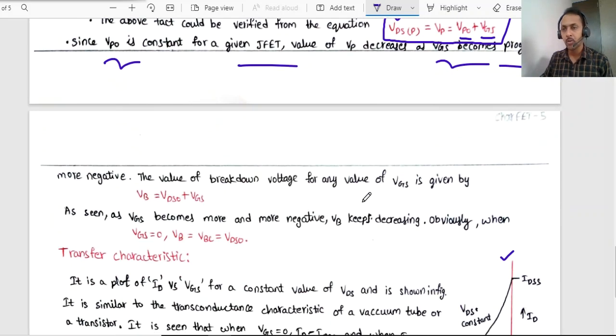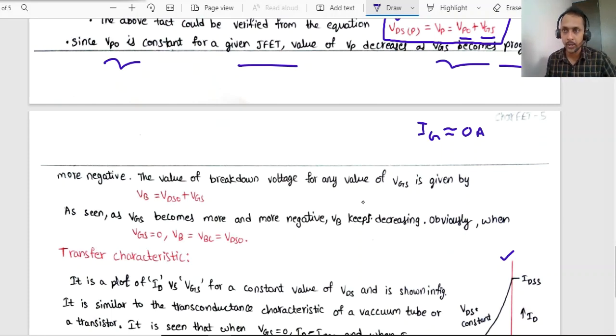The gate source will always be reverse biased. Dear students, please remember, gate source will always be reverse biased. If it is ideal or perfect, the gate current should be approximately equal to 0 amps.